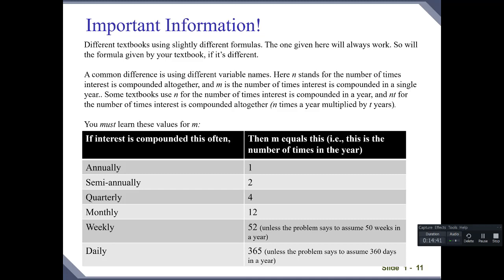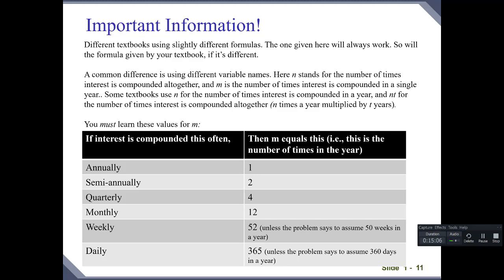Other textbooks use a different variable for this, and it's confusing because of that, I know. Your textbook uses m, and so does the work then in MyMathLab. This chart is something you need to know if you don't already. If you do already know this, I don't mean to insult you by saying that you don't, but I've learned that there are people who have forgotten this information.